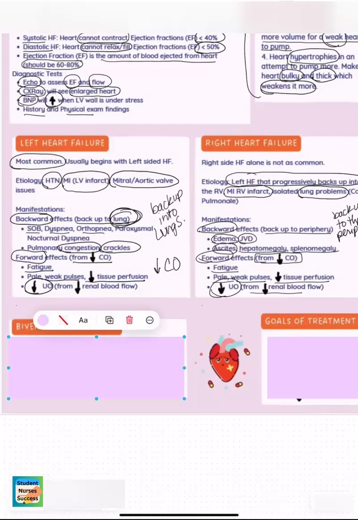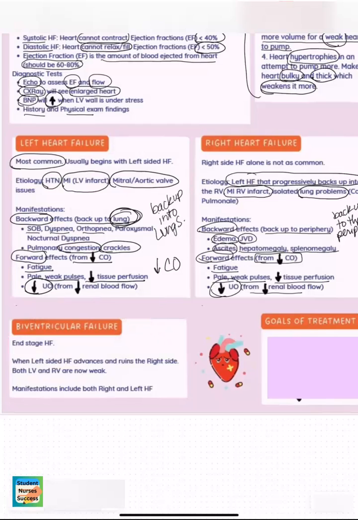Now let's talk about biventricular failure. Biventricular failure is when left-sided heart failure has just advanced and ruined the right side and caused both left and right-sided heart failure. So in this particular case, both sides of the heart are ruined, and we call this end-stage heart failure.